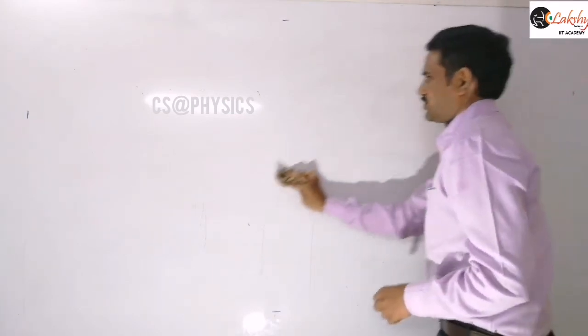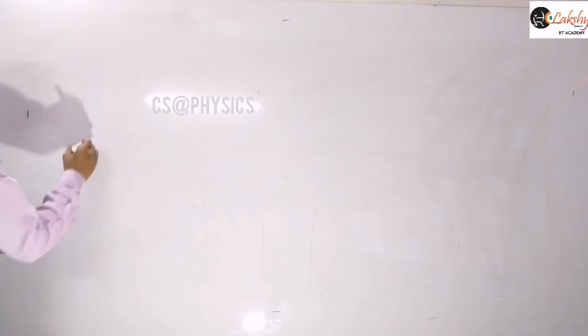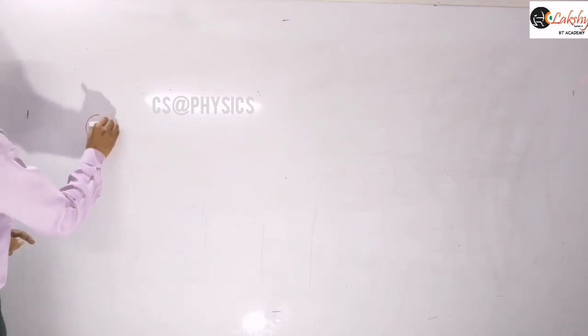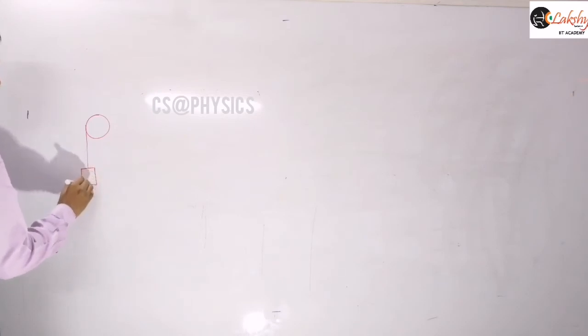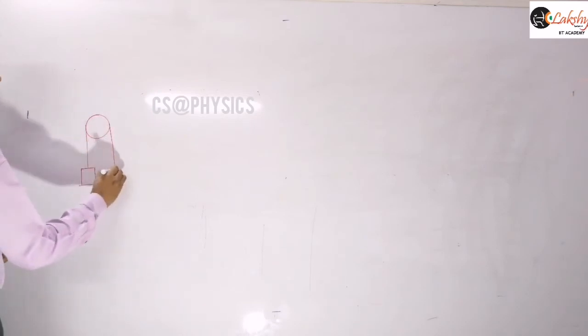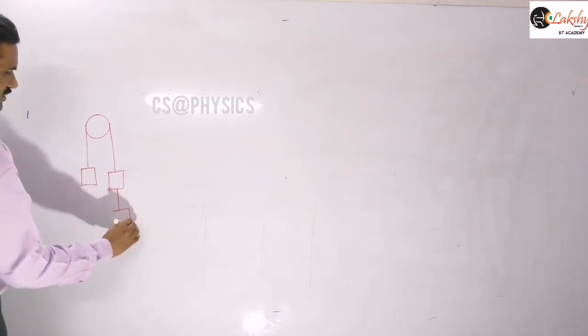Just like that, suppose two blocks are connected on one side, so I am taking the system now like this. I am taking a numerical example here.